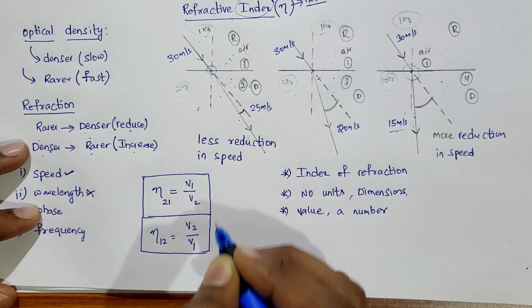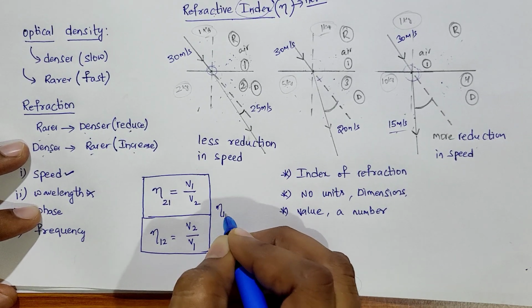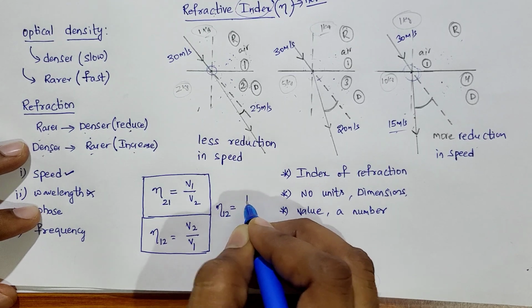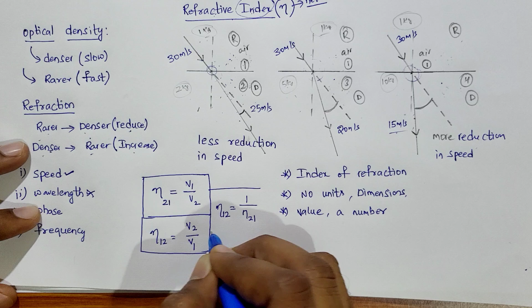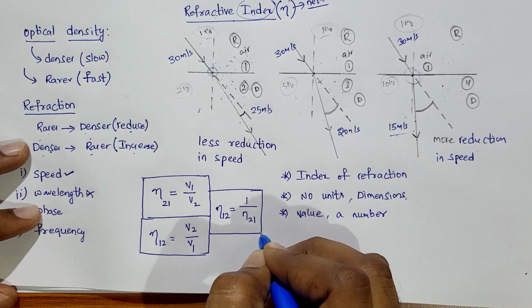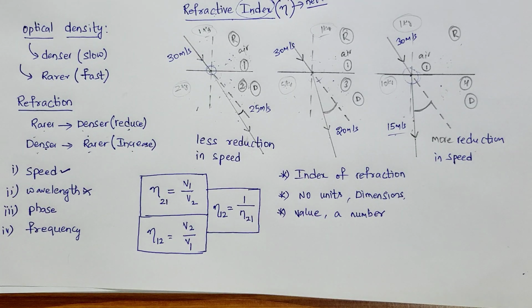From these two, what can we write? The refractive index of first with respect to second is equal to 1 by the refractive index of second with respect to first. Okay, this is the formula for refractive index.